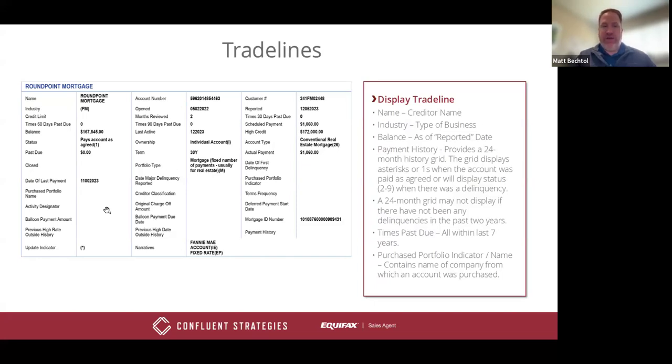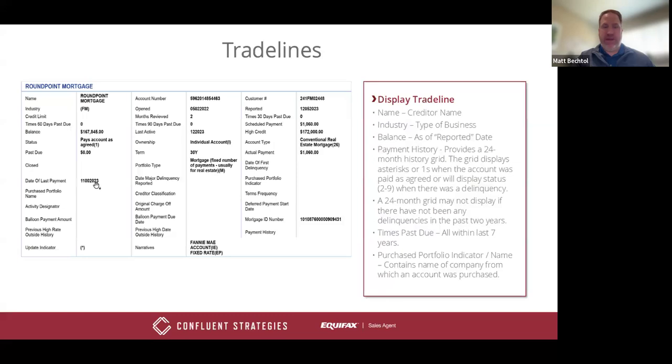But just to give you an idea of how the information is reported, you'll notice when somebody gets into their specific trade lines, you remember from the summary, the individual had one open mortgage trade. Now we get into the trade lines and you get to the specifics of what that mortgage trade consists of. So who is the lender? What's the balance? Is the account paid as agreed? Does it have any past dues?